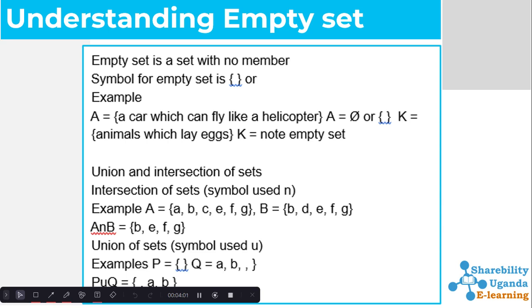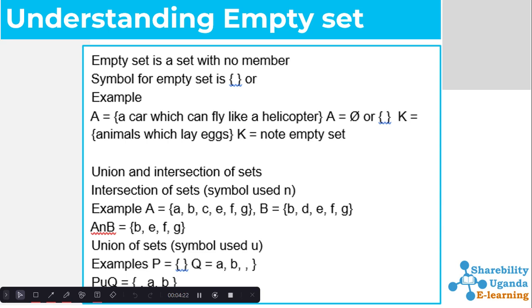In real sense, I'm trying to make you understand an empty set. If you have a car that flies like a helicopter in real life, do we really have it?